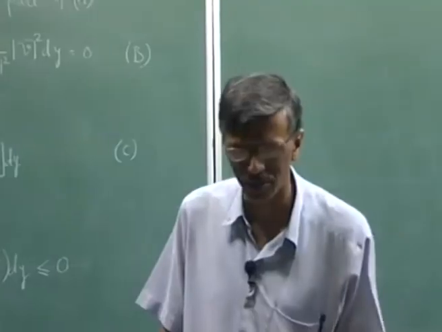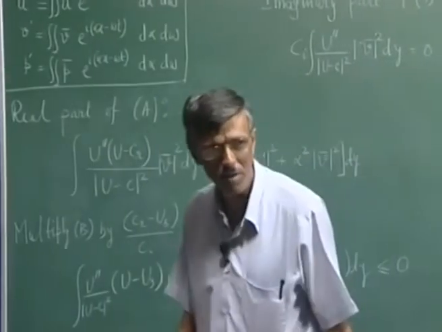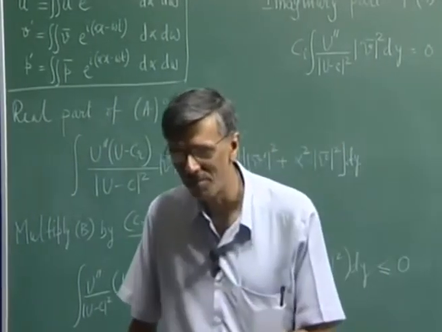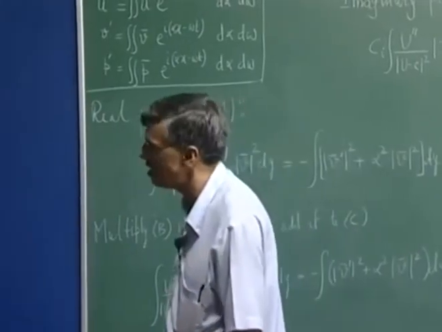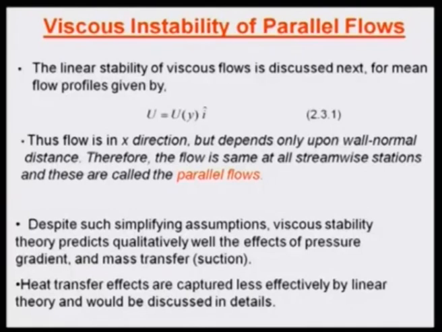We have talked about it in the introductory lecture. We said that was a major turning point. There was a debate, a paradigm shift, whether we need to stay with inviscid instability or we need to do viscous instability studies.